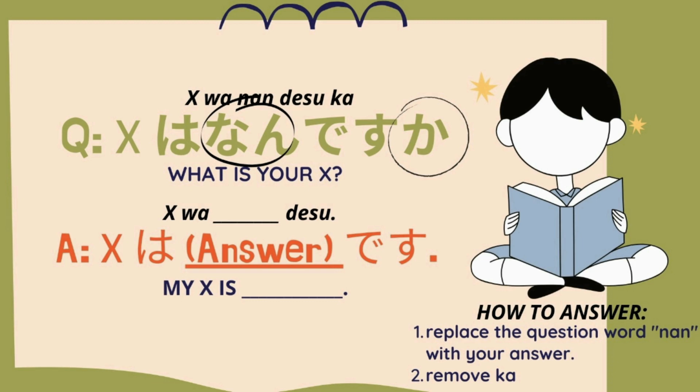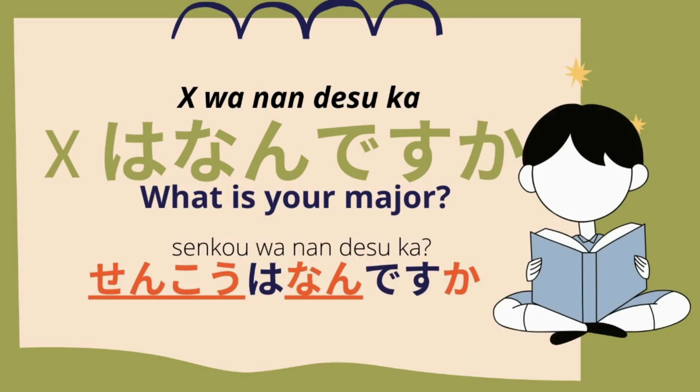Let's go to example number 1. X wa nan desu ka? Our X or the topic in this example is senko. Senko is major in English. And nan is what. So, in this example, we're asking, what is your major?